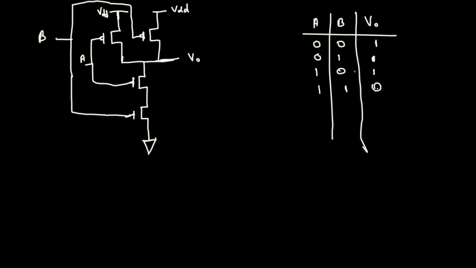So here, whenever you have any 0, it's going to be 1. If you don't have any 0, that's the only situation where it's going to be 0. So this is a NAND gate right here. Okay, and from the NAND gate, we can design an AND gate as well.